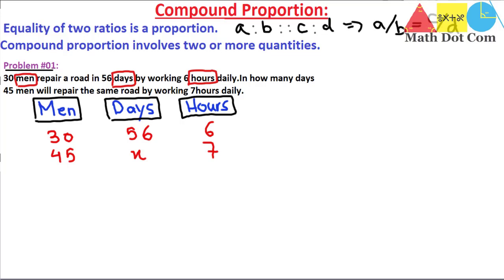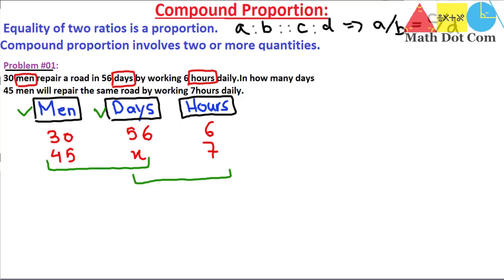Now the most important thing: you have to compare the known quantity with the unknown quantity. For one quantity both values are known, and for the other one is unknown and the other is known. So you have to compare these two first, then compare these two secondly. Let's see the relationship between men and days.